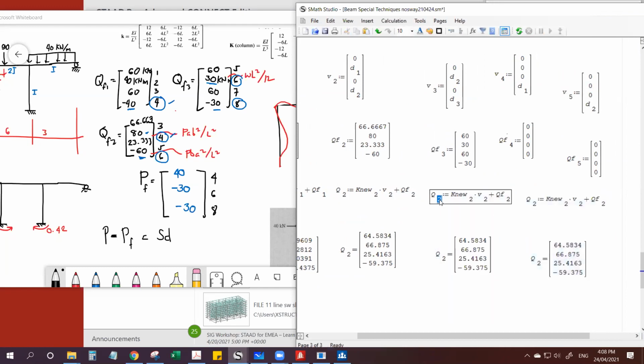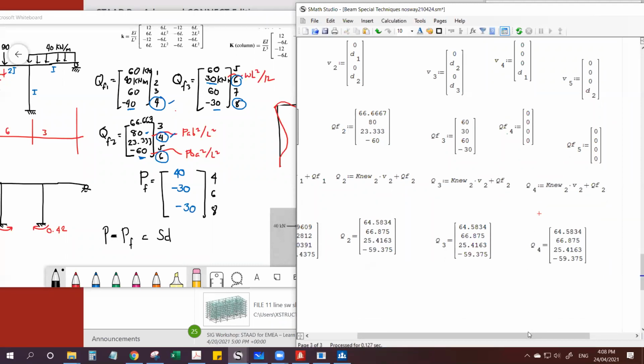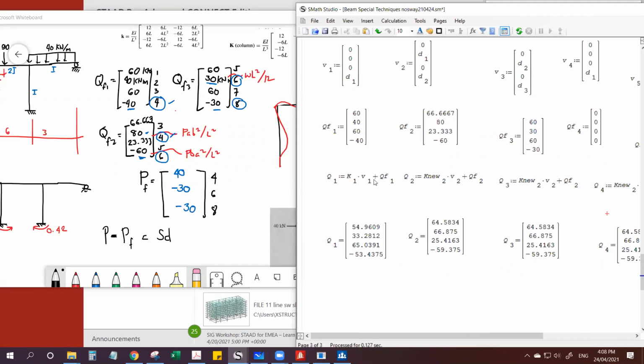This will be Q3, Q3, Q4, 1, 1, 2, 2, 3, 3. Should be 3 also. 3, 3.